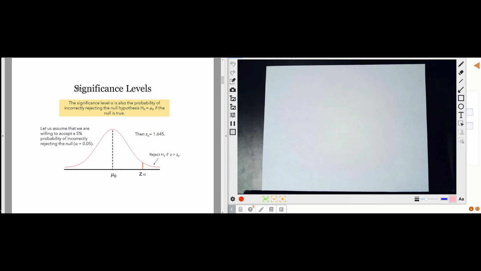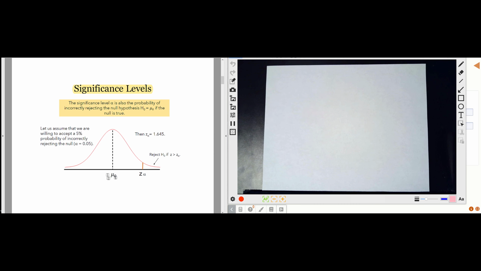Okay, so we've been using significance levels for our hypothesis tests. We need to be absolutely clear about the correct interpretation of that significance level.